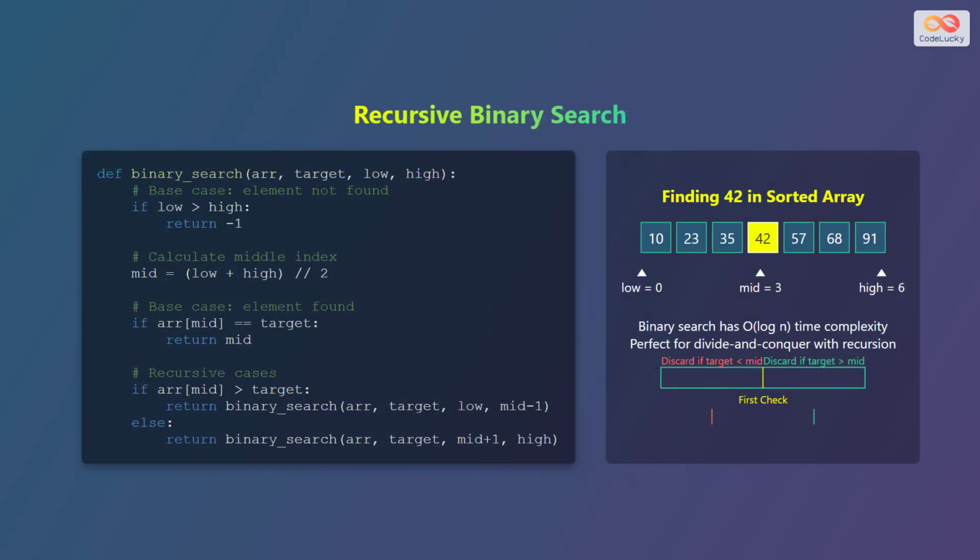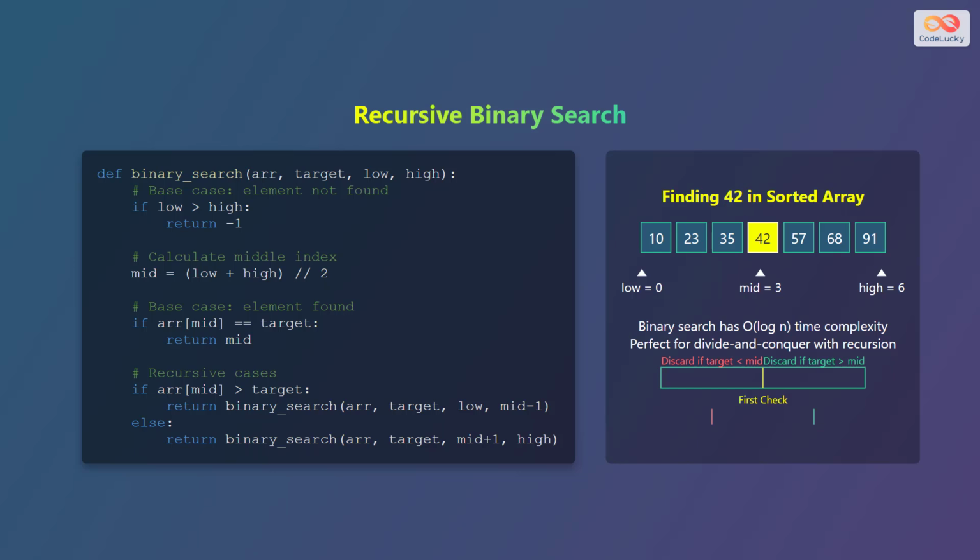Here is an example of recursive binary search. Here's the code for a recursive binary search function. Binary search is an efficient algorithm for finding a target value within a sorted array. The function takes the array, the target value, and the low and high indices as input. The base case is when the low index is greater than the high index, indicating the element is not found, and it returns -1.